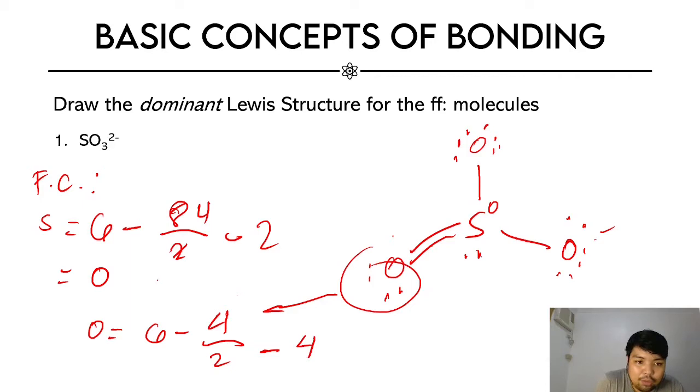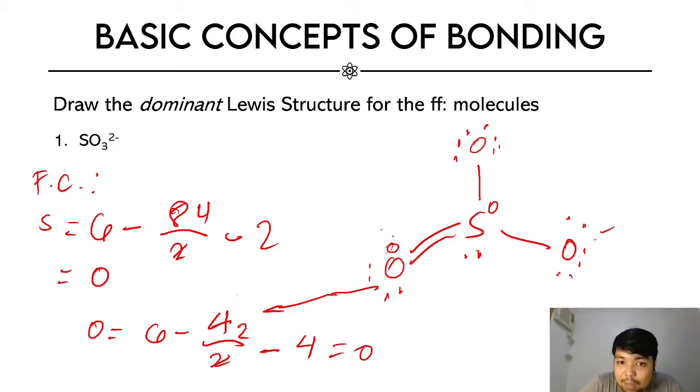So 4 divided by 2 is equal to 2. So 6 minus 2 is equal to 4. Minus 4 is equal to 0. So this oxygen will also have a formal charge of 0. Now, this oxygen, since wala namang nagbago sa kanila, will have a formal charge of -1.